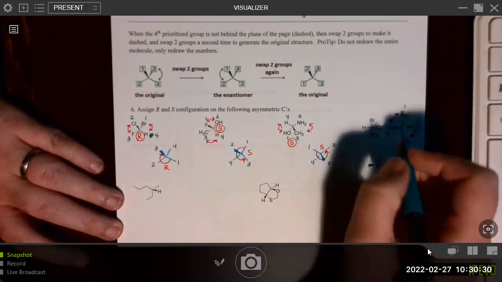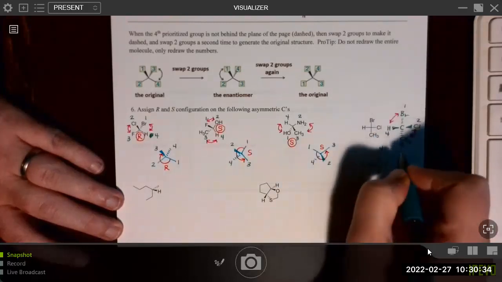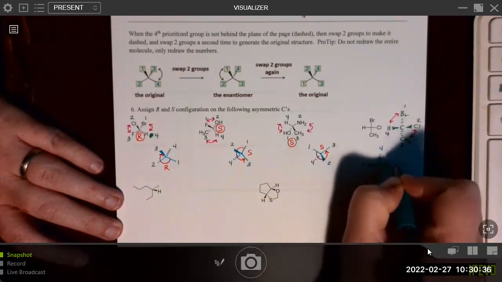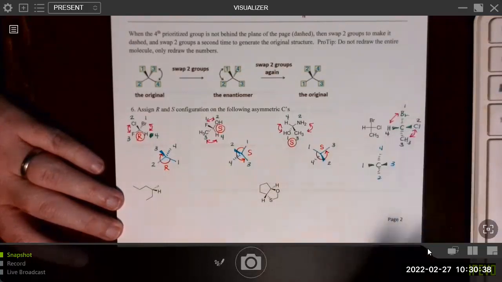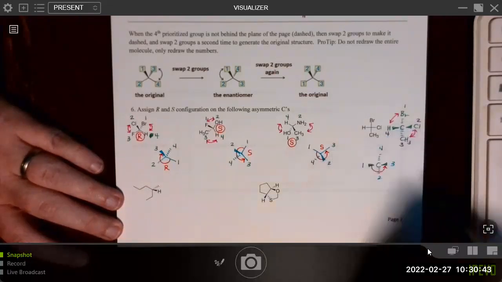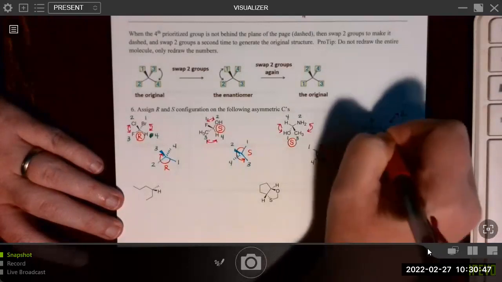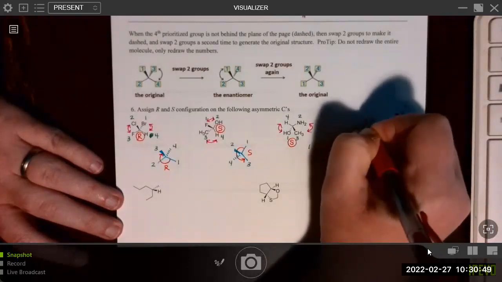We'll do 1 here, 4 here, 2 here, and here. We have 1 to 2 to 3, that's counterclockwise and S, which means this one is also S.